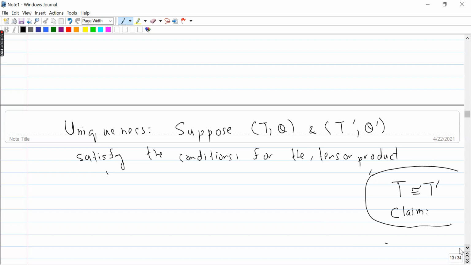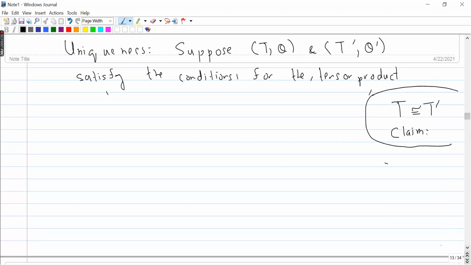Now since they both are satisfying the conditions for the tensor product, both are satisfying the universal property of the tensor product. So we know that M cross N to T is given to be a bilinear map.